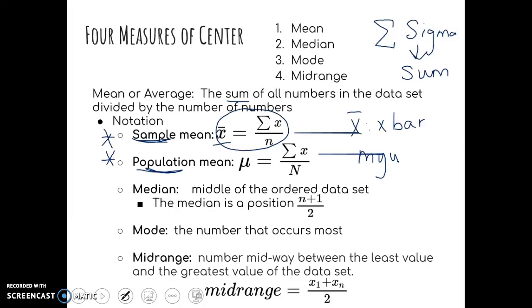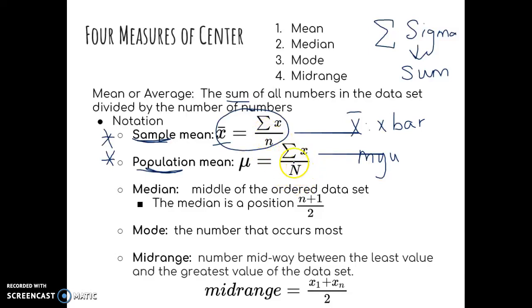And actually you find the mean the exact same way. You add all of the data set together, and then you divide by N. Now notice this N is uppercase, whereas the n for the sample mean was lowercase. All that means is the lowercase n represents the sample size, and capital N represents population size.